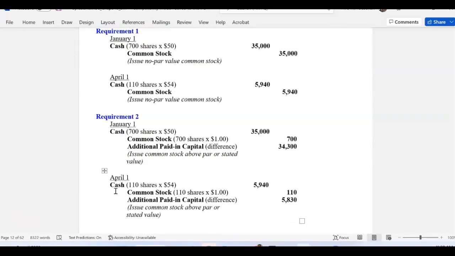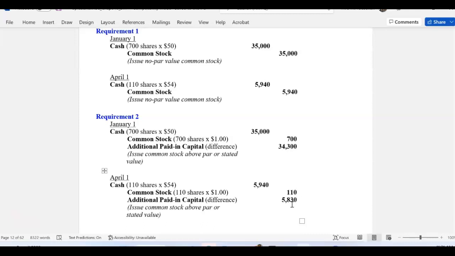And on April 1st, they issue another 110 shares at $54 per share this time. So $54 times 110, that's $5,940. Common stock is $1 par value, so that's what goes in common stock, $110.